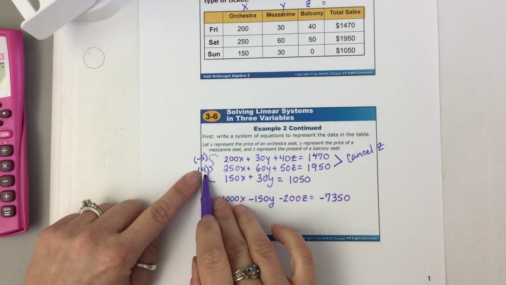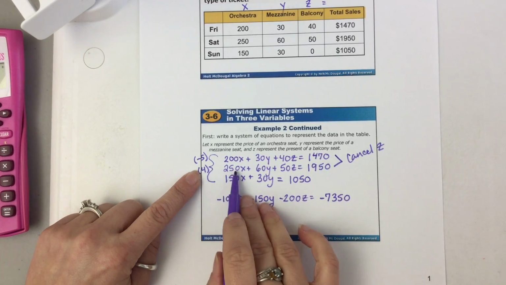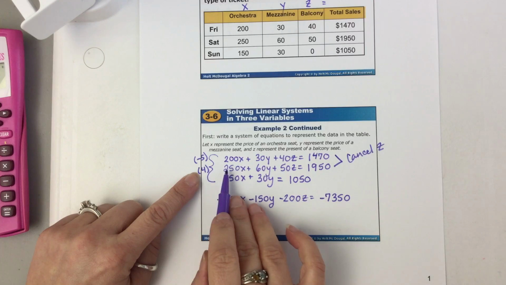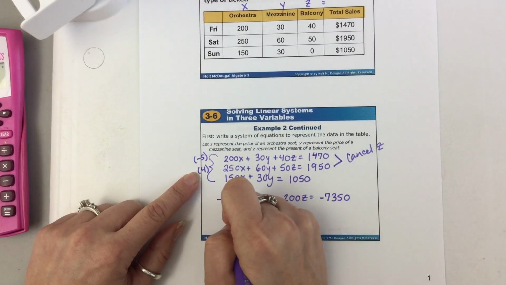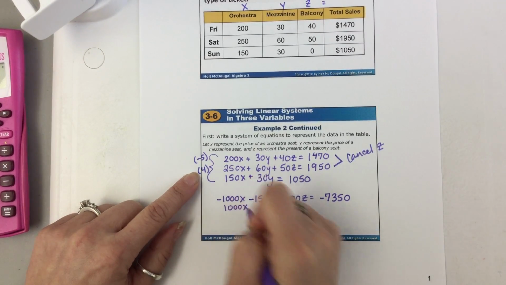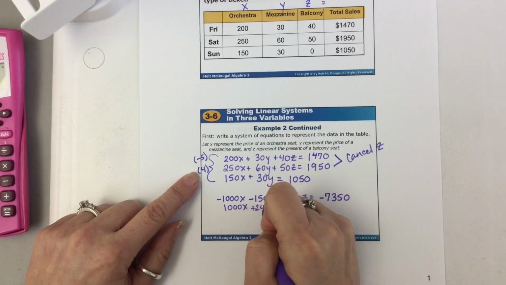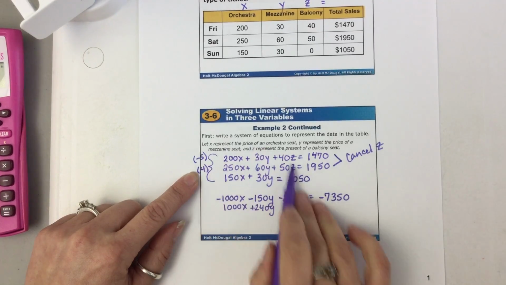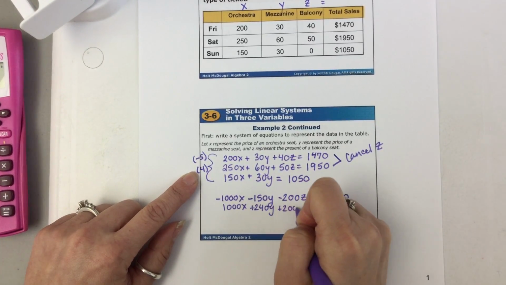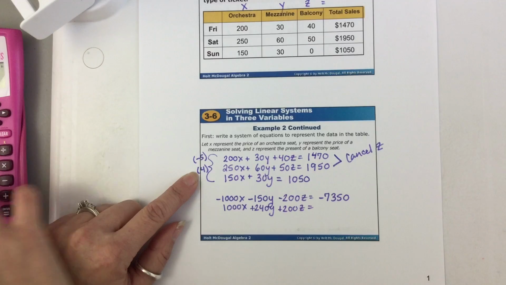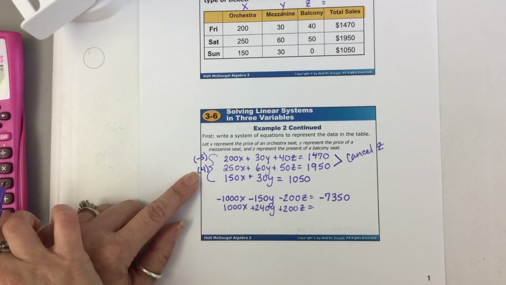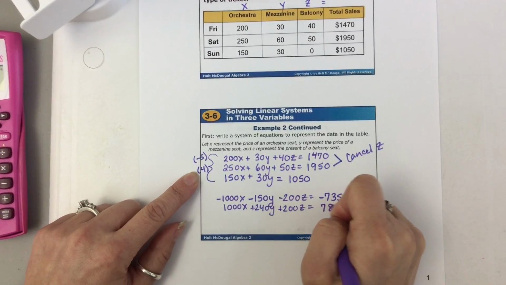Now I take the whole middle and I multiply it by 4. 4 times 250X, oh, guys, look what happened. 1,000X. 4 times 60Y is 240Y. 4 times 50Z is 200Z equals 4 times 1950 is 7,800.